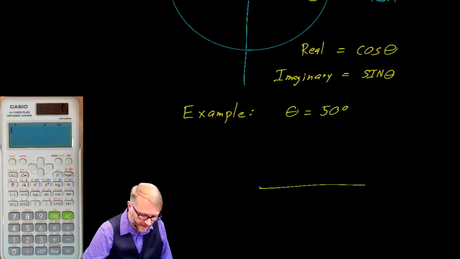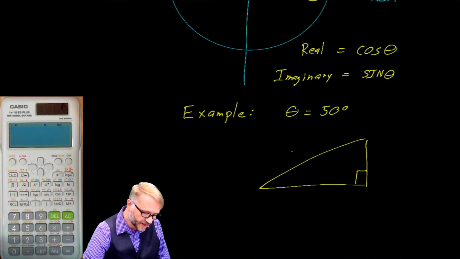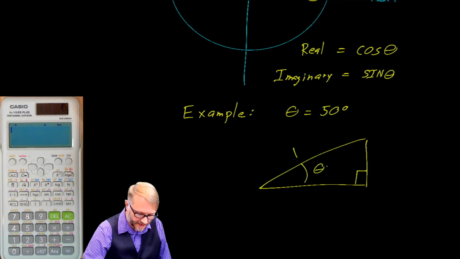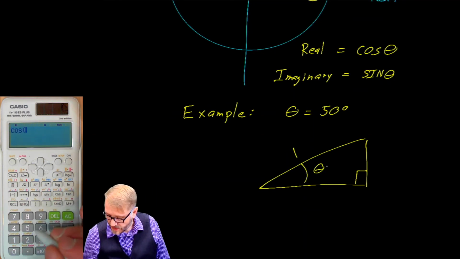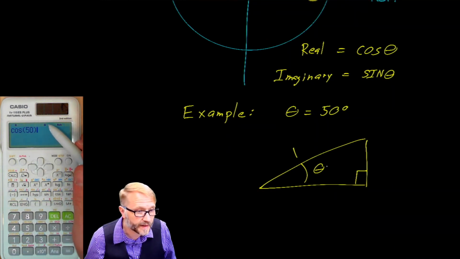Could you calculate this triangle? We know it's going to be a right triangle. Because it's on the unit circle, we know this is going to be a length of 1 unit. Here's angle theta. If we go to our calculator and type cosine of 50 degrees, by the way, be really careful with your calculator.